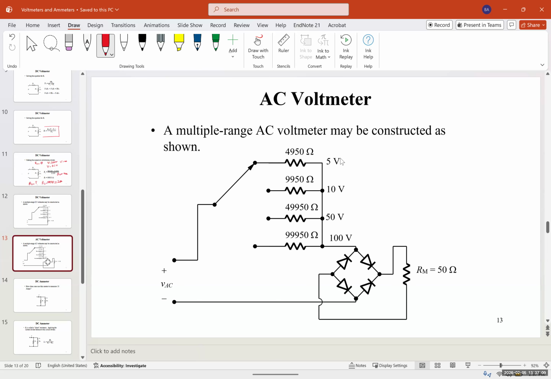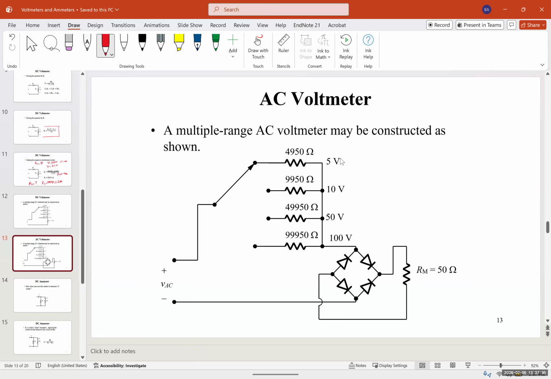Now, that was for DC voltage. If we want to measure AC voltage, what we need to do is simply add, what is this, you remember? Yes, it's a full wave bridge, or in other words, a rectifier. A full wave bridge with a resistor. What did a full wave bridge do? Do you remember? Yes, it redirected the current.